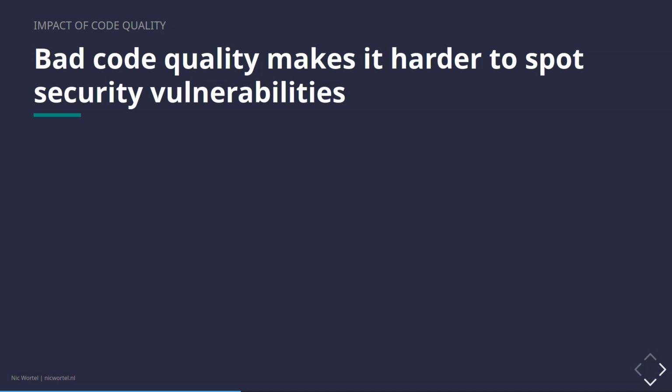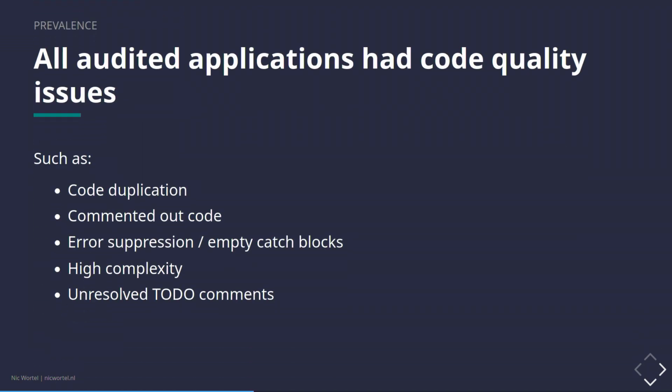As I mentioned before, in the statistics I gathered from the audits I did for my clients, all of the projects that I audited had some kind of code quality issues inside them. And these are not vulnerabilities by themselves. You cannot hack an application because there's some code duplication going on. But those issues make it easier for real vulnerabilities to get into the project.